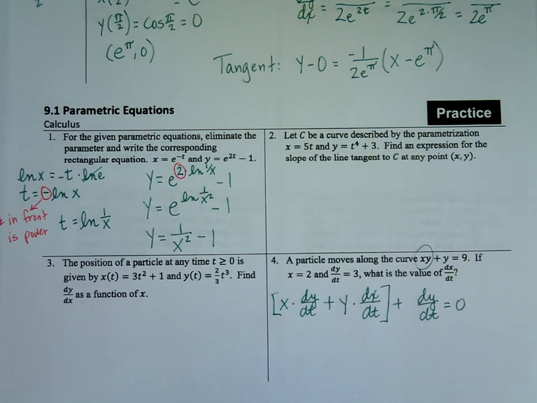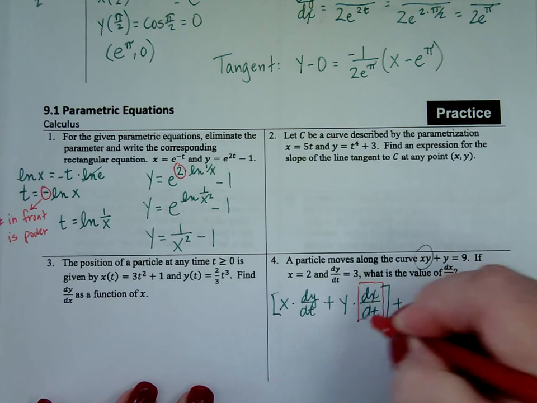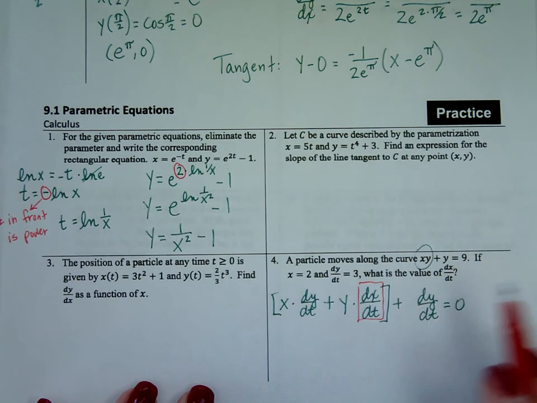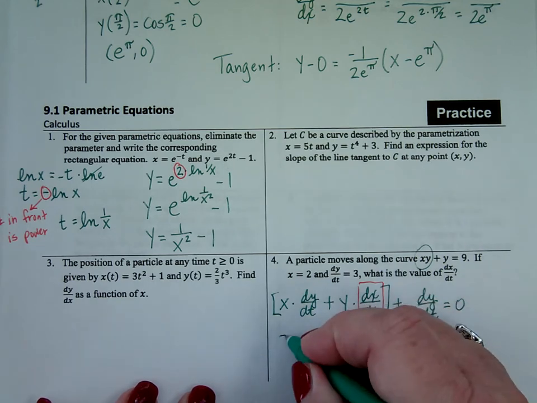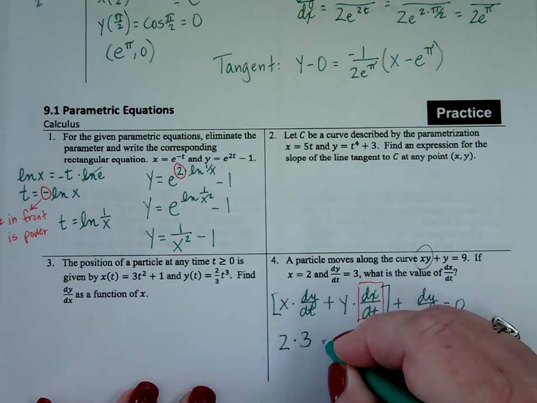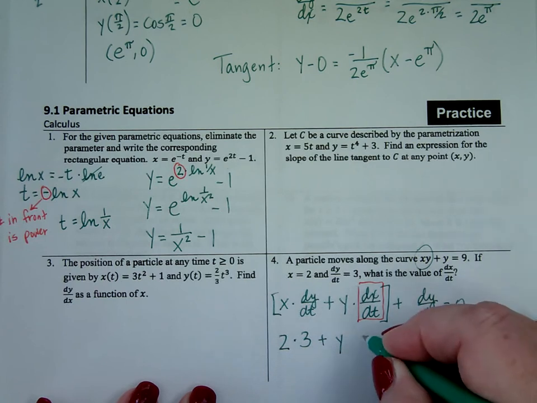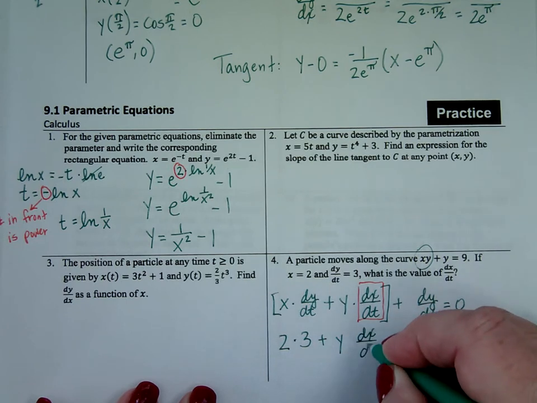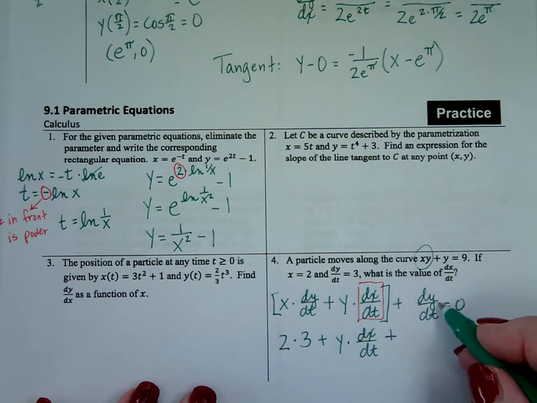And so ultimately what I'm trying to find is this piece right here, dx over dt. What's the value of that? They must have given us some information that we can fill in to calculate that. X is 2, so 2 times dy over dt is 3, plus, I don't know y, times dx over dt, although that's what I'm trying to find, plus dy over dt is 3, and this whole thing equals 0.